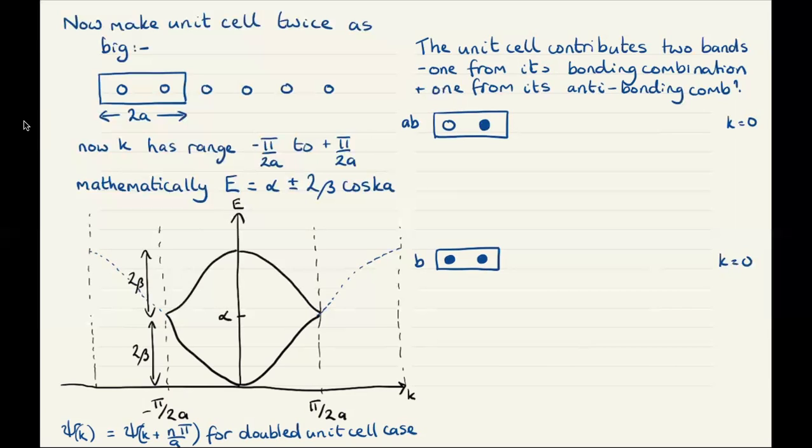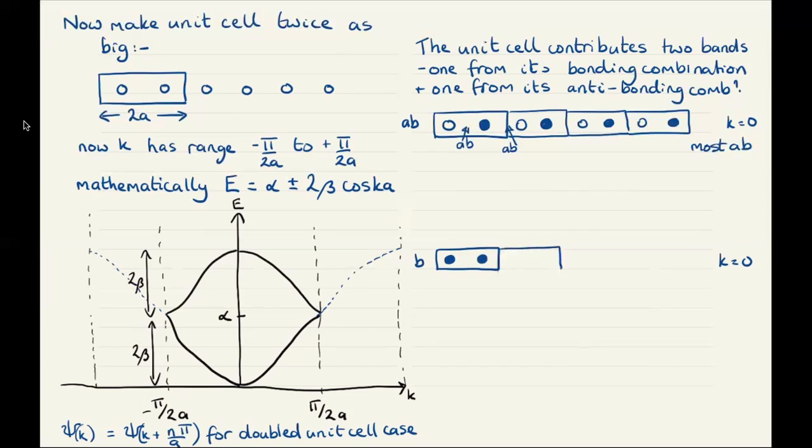And so what it means to be at K is equal to 0 is that each unit cell is identical to the first, and so for the antibonding combination, which is antibonding within the unit cell, it's also antibonding between the unit cells, and so this one is the most antibonding possible combination.